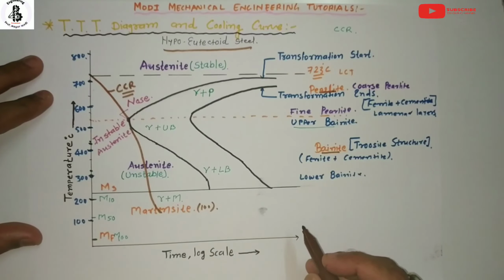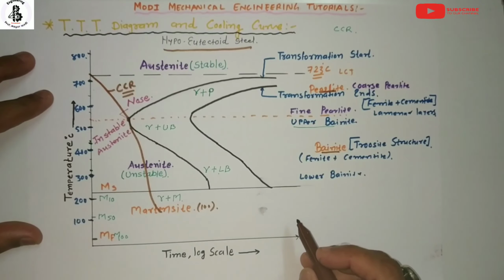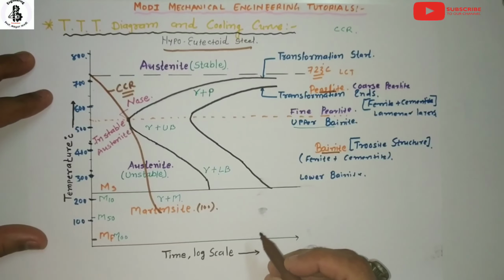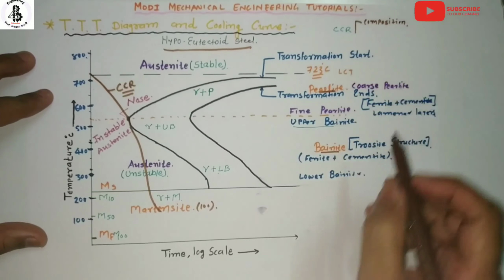Basically, some factors affect the CCR, and the first one is the composition.